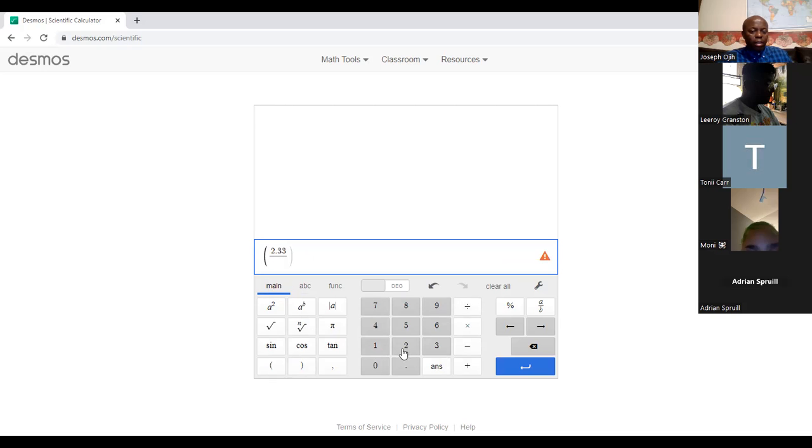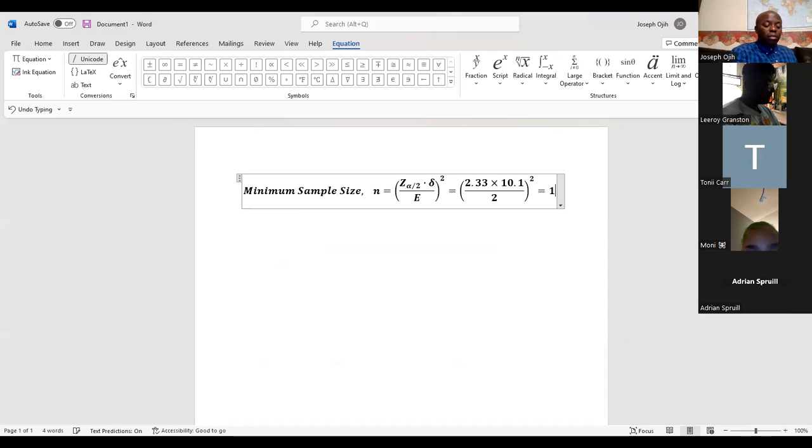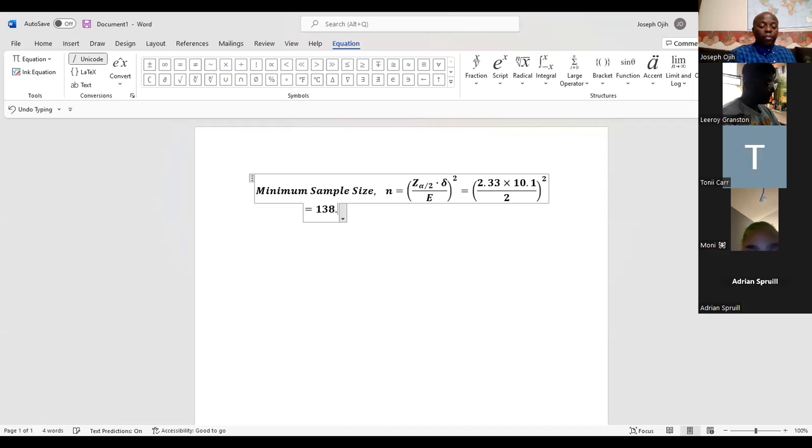Error is 2. I'm trying to form the equation correctly. Close it and then square it. So 138.45.